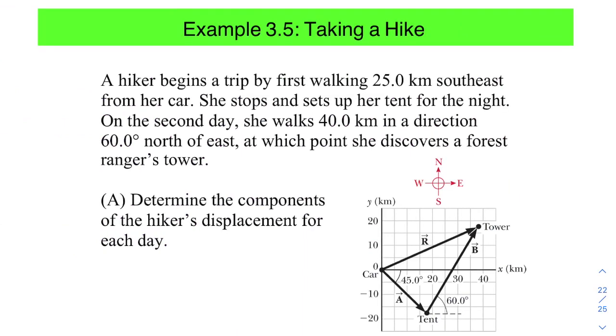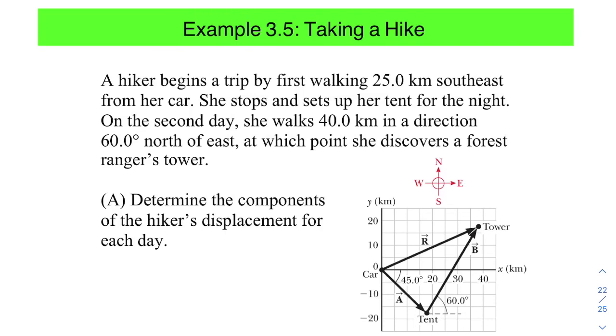3.5, taking a hike. Right, a hiker begins a trip by first walking 25 kilometers southeast from her car. She stops and sets up her tent for the night. On the second day, she walks 40 kilometers in a direction of 60 degrees north of east, at which point she discovers a forest ranger's tower.